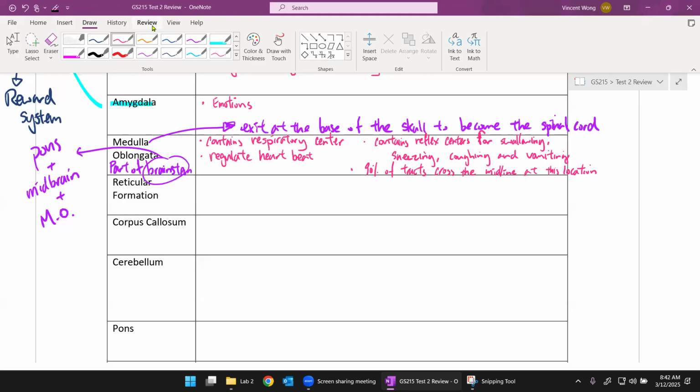All right, next part. Reticular formation. It is gray matter.